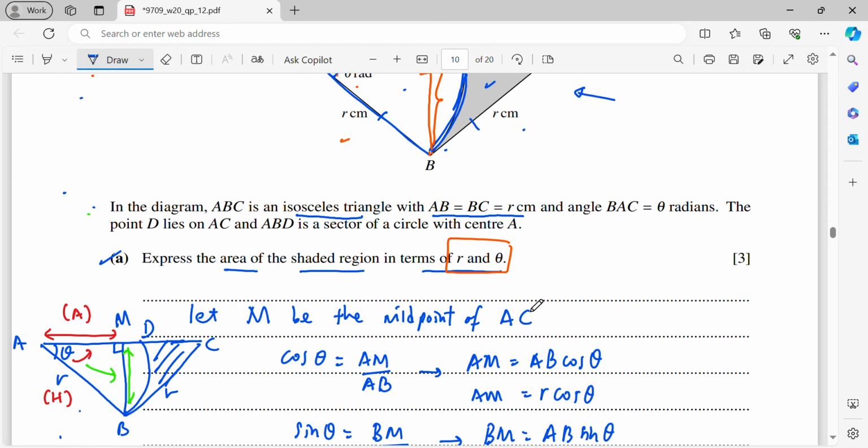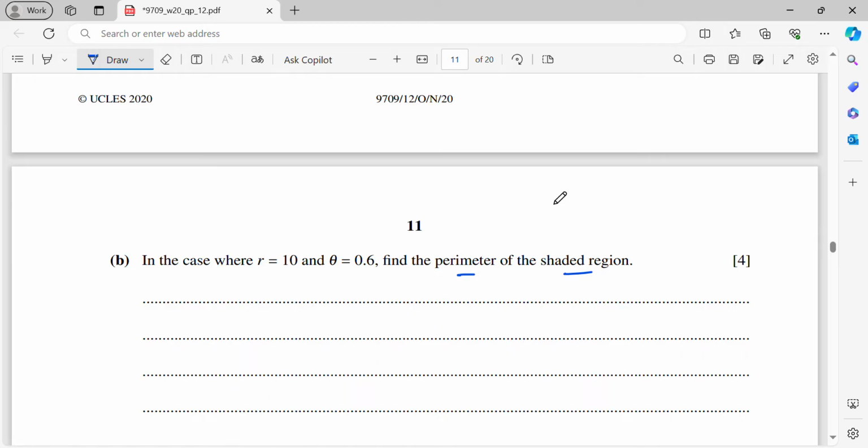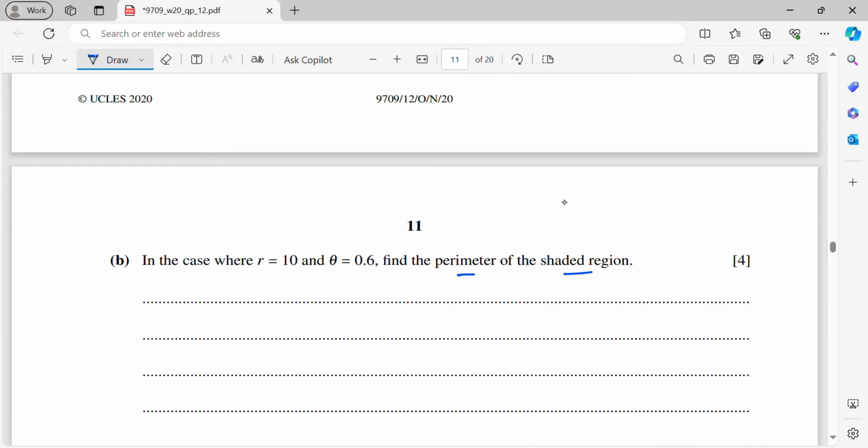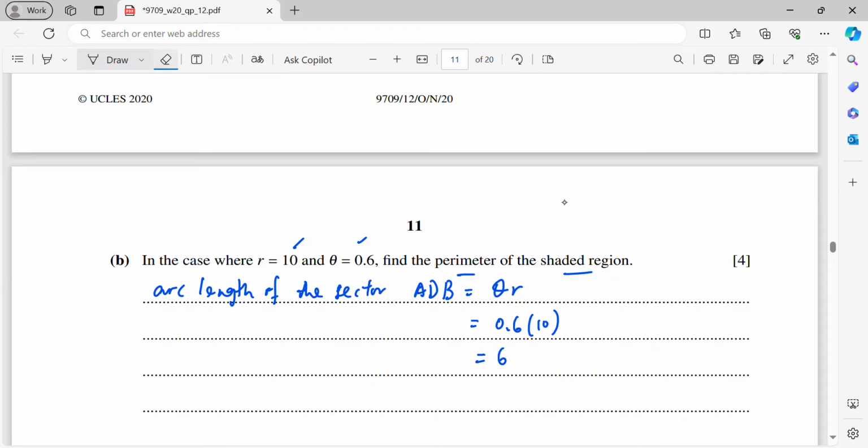Okay, so now I will write arc length of the sector ADB is basically theta R. That is the formula. Okay, so replace the theta and R value, 0.6 times 10. I will be getting 6.